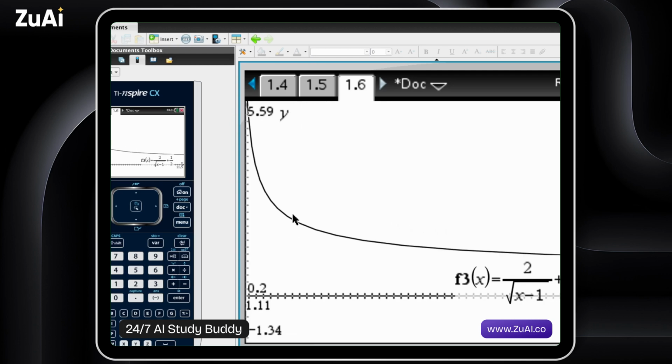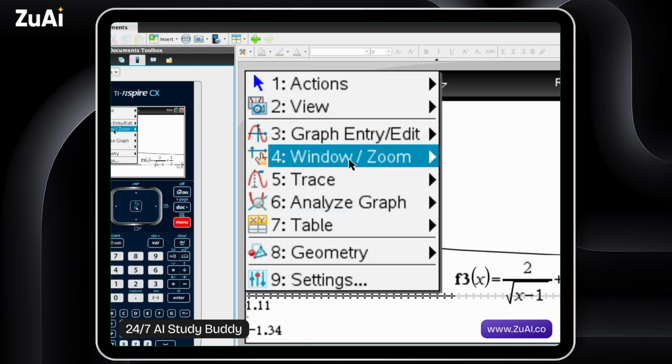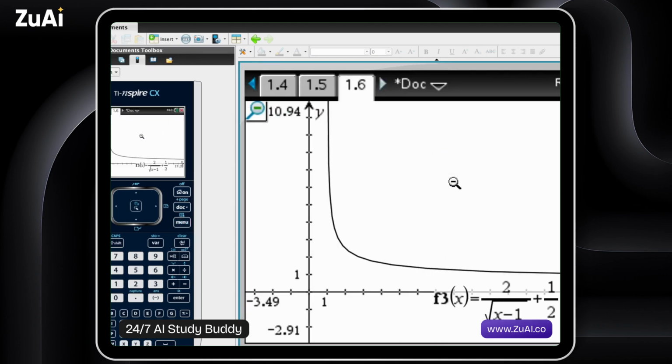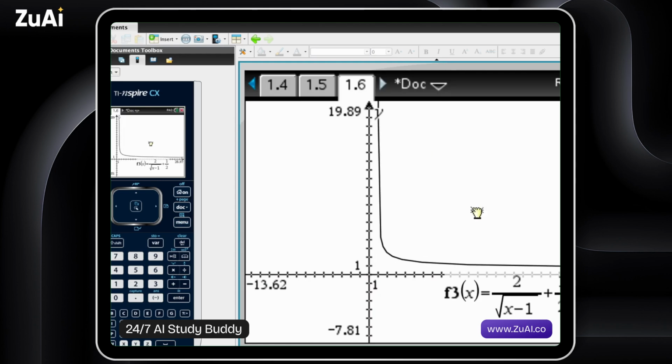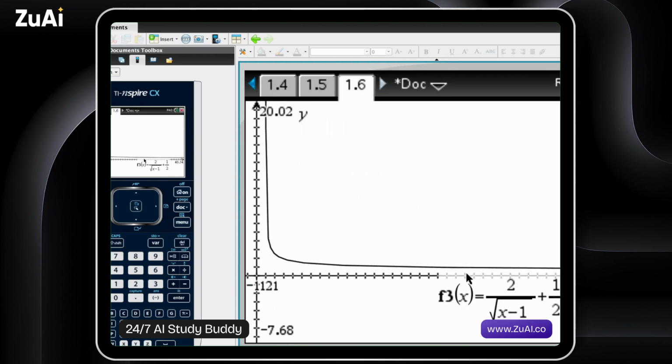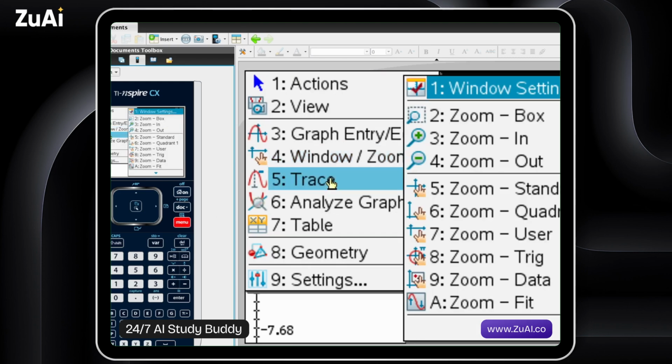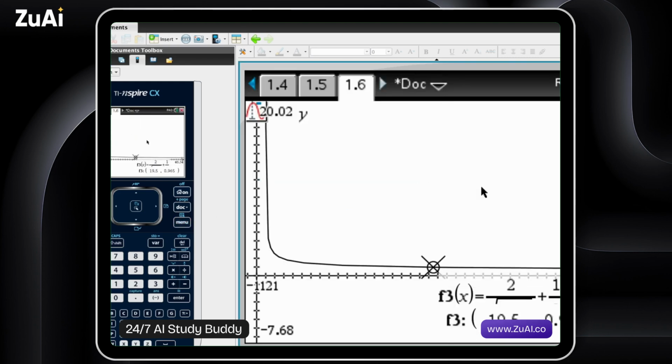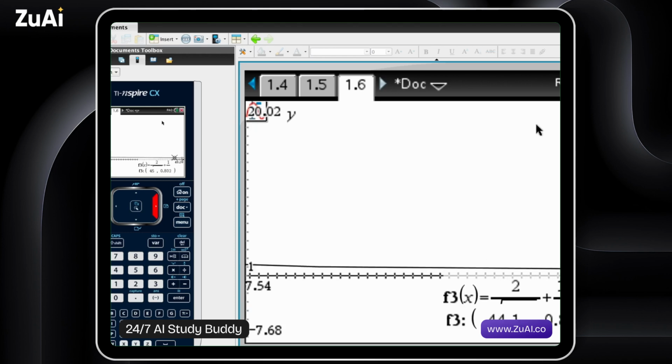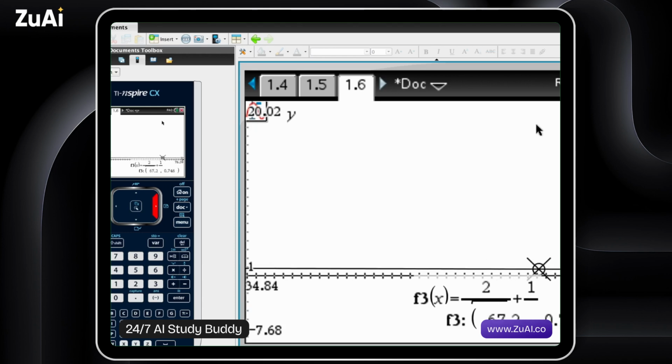But it looks like, and let's zoom out a little here, after a while we reach some kind of asymptote. And let's go graph trace, and just moving along here, we see as we move to the right and get larger and larger values, we approach some kind of asymptote.